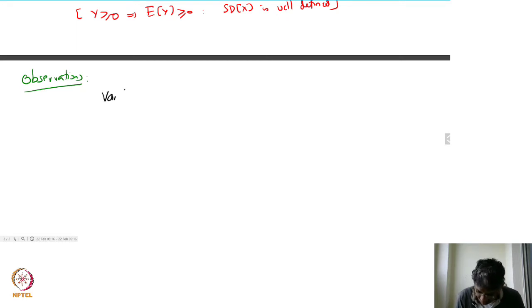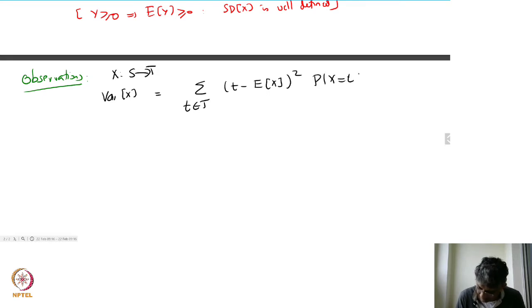So what is variance of x? Variance of x is equal to, a little bit more fancy way of writing it, let's say x takes values t in its range. It's the sum over t of (t minus E of x) squared, times the probability x equals t. That's what the variance is. That's how I define the expectation of a function of a variable: you take the function that you have, which is this, and the probability.